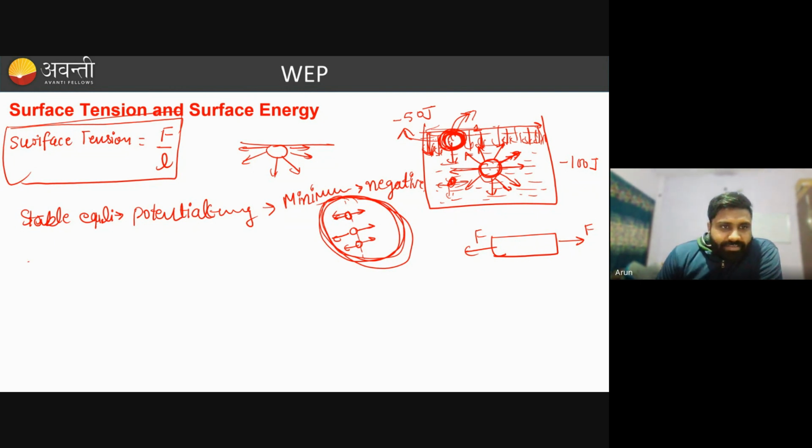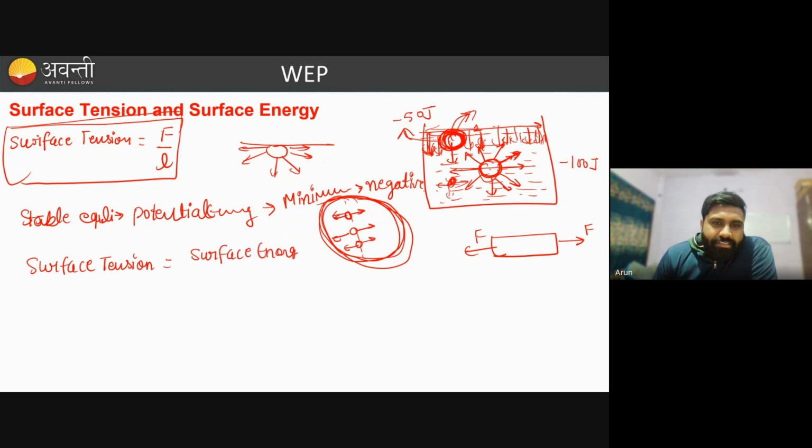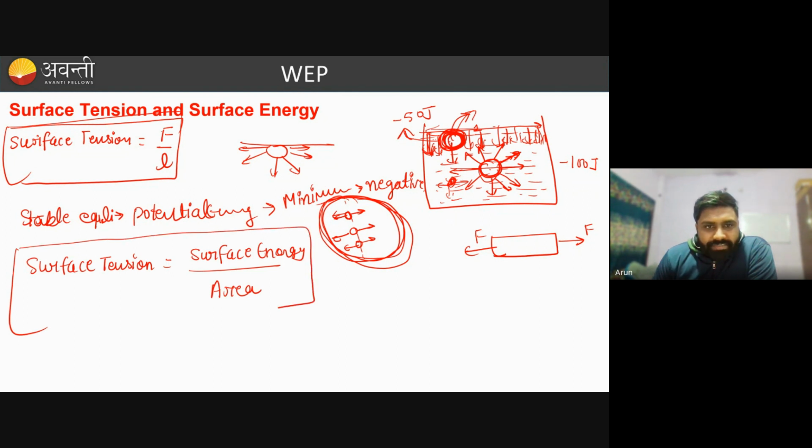Surface energy is given in terms of surface tension: surface tension equals surface energy per unit area. The more the surface area, the more the surface energy.